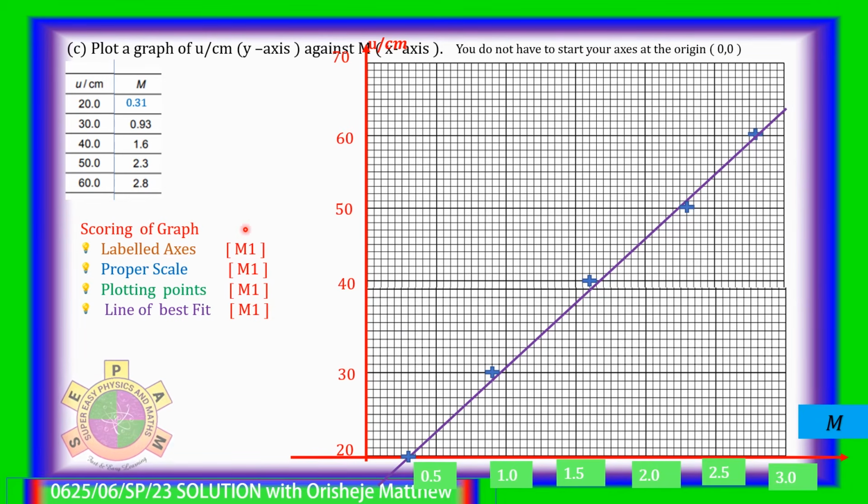So this is how your graph will be scored, so take note of it. Even if you can't plot the graph, you can get the first 2 marks. Just indicate your scale and the axis, and you get your 2 marks. Then you can leave the remaining 2 marks if you don't know how to plot the graph for the examiner.